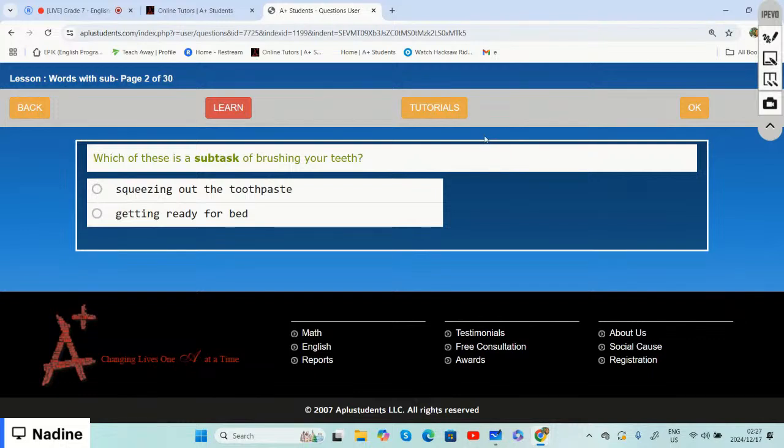Which of these is a subtask of brushing your teeth? Is it option one, squeezing out the toothpaste, or option two, getting ready for bed?